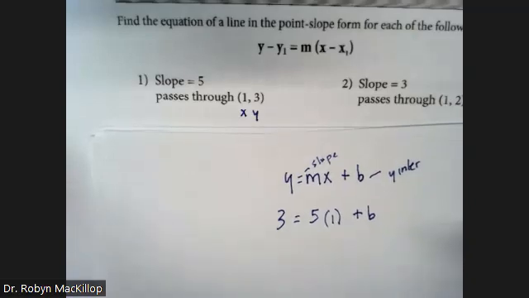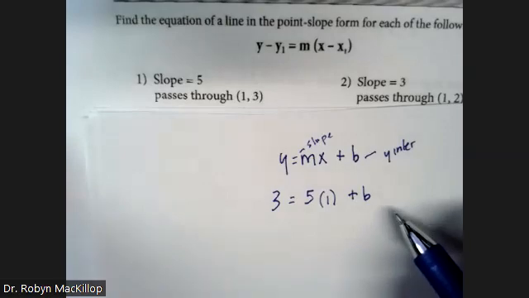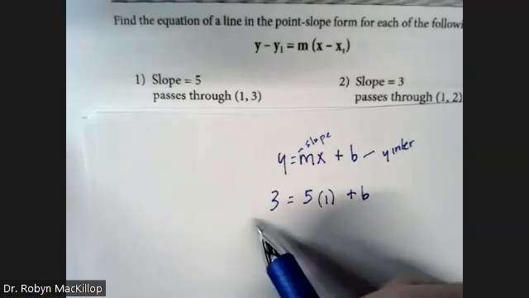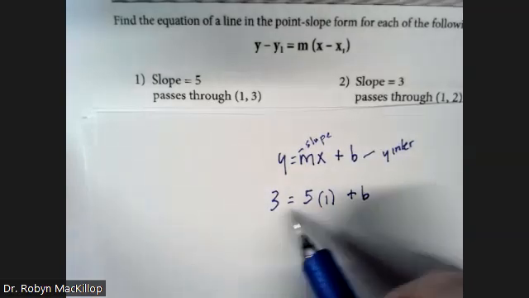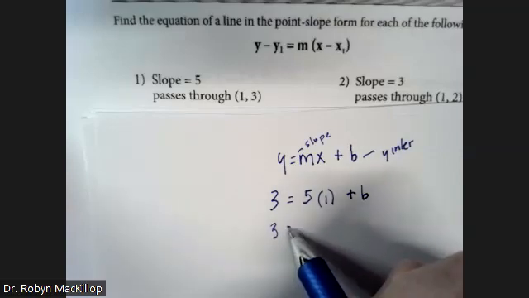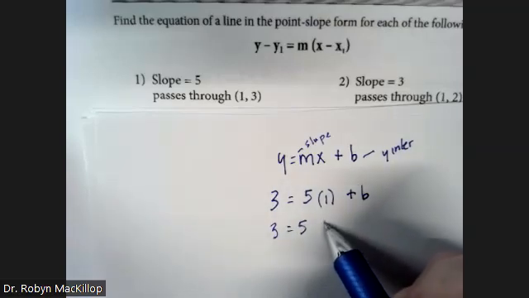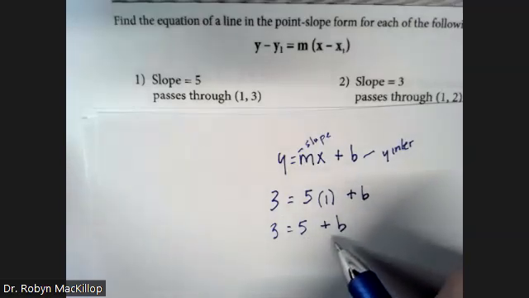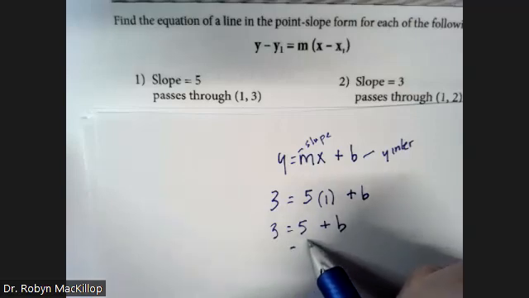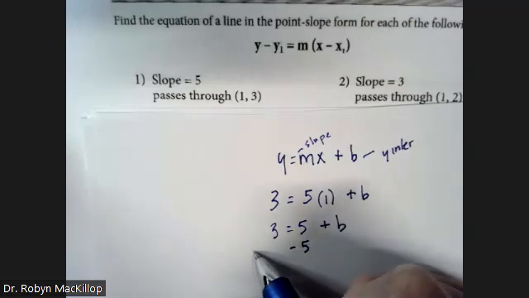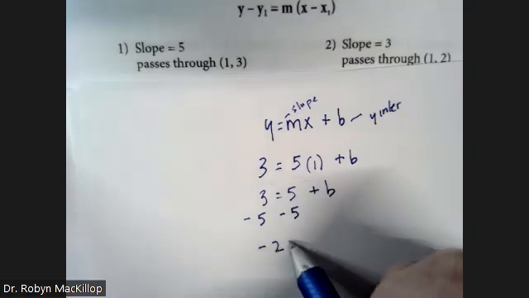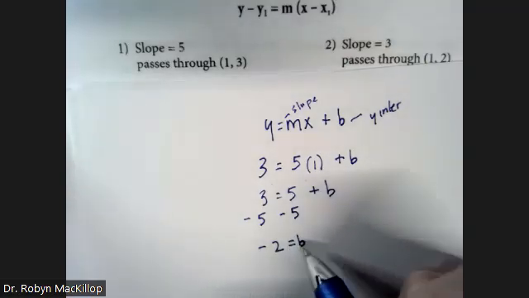So we don't know our y-intercept. When we figure out the y-intercept, we can graph this. We can graph a line with this information. So this is 3 equals 5 plus b, right? It turned back into one of those basic algebraic equations. We need to get rid of the 5 because we want the b all by itself. So we're going to zero out the 5 on this side, and do the exact same thing over here. That gives us 3 minus 5 is negative 2 equals our y-intercept.